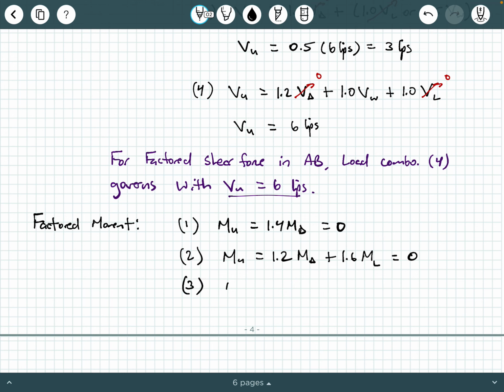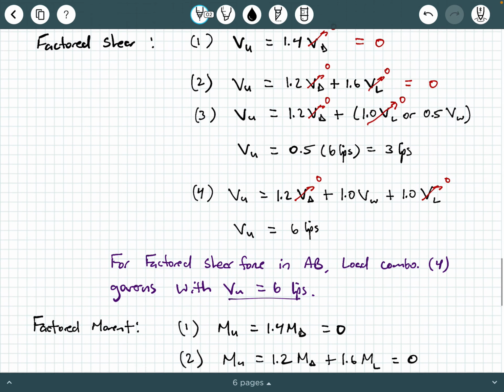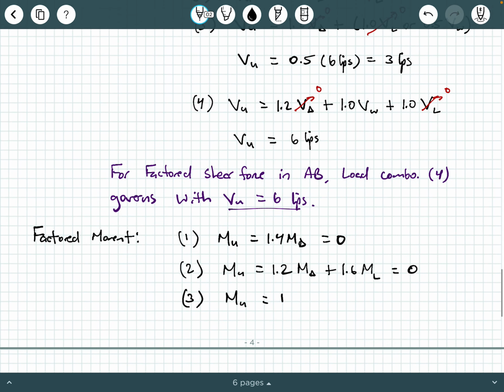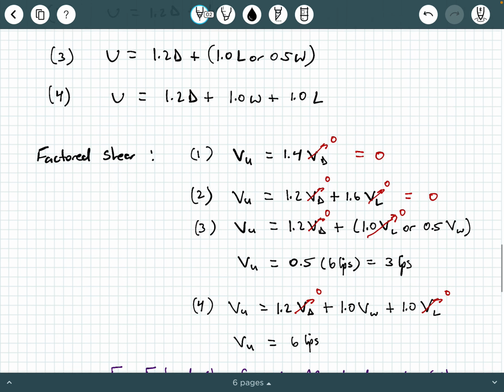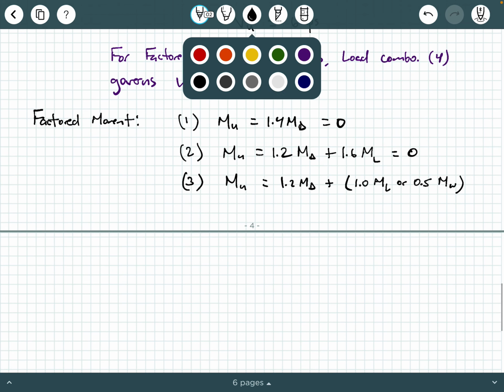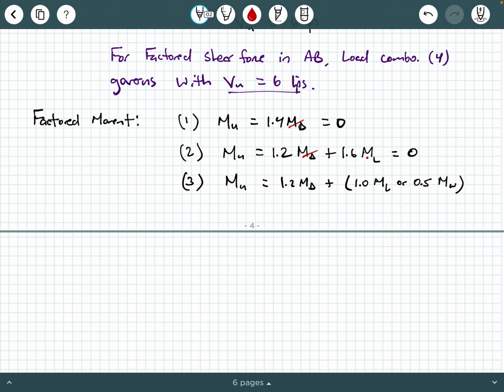Load combo 3, MU equals 1.2 M dead plus, and we have this OR statement. What's that OR statement? 1.0 M live or 0.5 moment due to the wind, okay? And so remind ourselves, what are the zeros here?